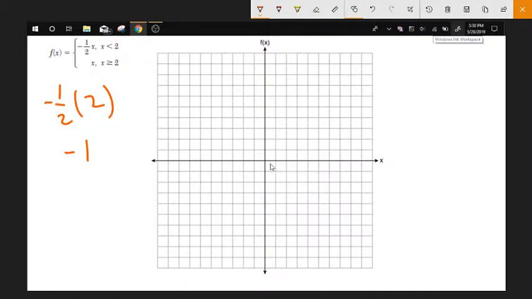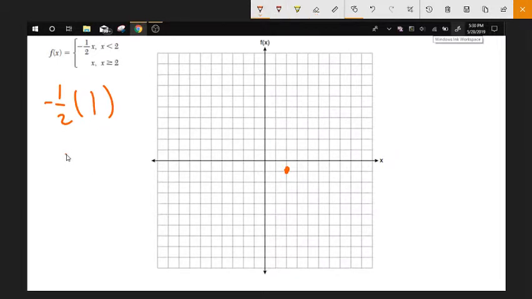Yeah. And so we plot it at 2 comma negative 1 here. And then let's try plugging in for 0 now. So let's just erase this, or plugging in for 1 now.